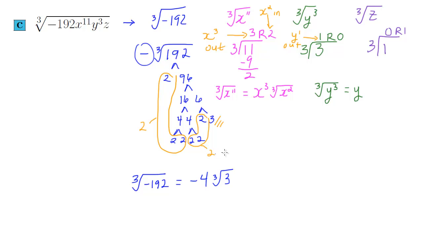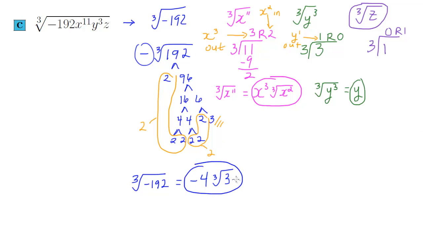And now let's look at all of our simplifications. We see that for the z variable, we couldn't make any simplification at all. Okay. For the y variable, we simplified to just a y on the outside. For the x variable, we simplified to x cubed, cube root of x squared. And then for our coefficient, we simplified to -4 cube root of 3. Which means that we can now write our overall simplified form of this monster cube root. Right?